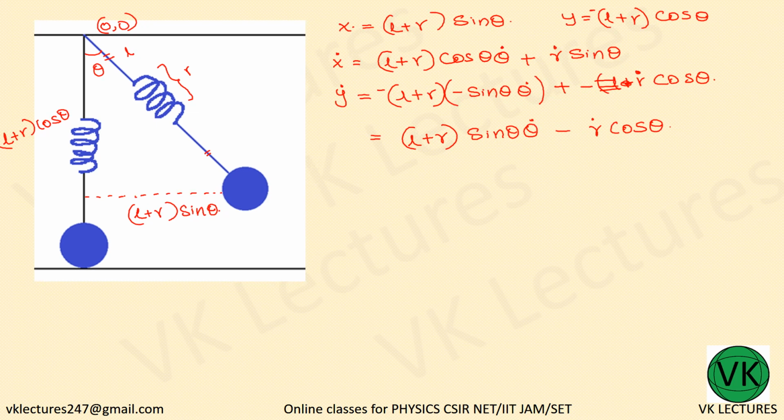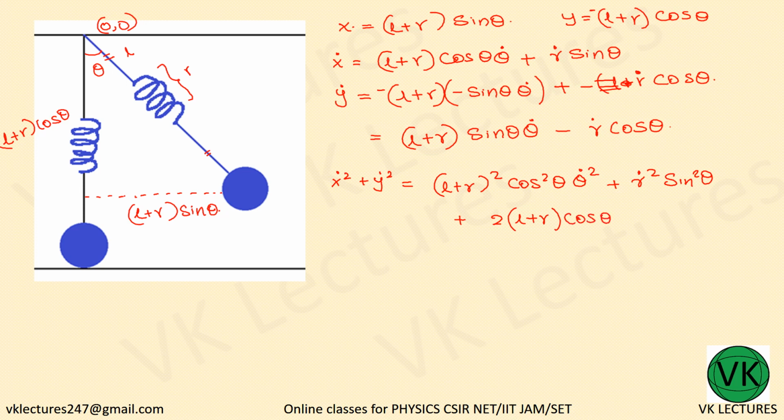So now we have this x dot and y dot. So x dot squared plus y dot squared is equal to (L plus R) whole squared cos squared theta theta dot squared plus R dot squared sin squared theta plus 2 times (L plus R) cos theta sin theta R dot theta dot.